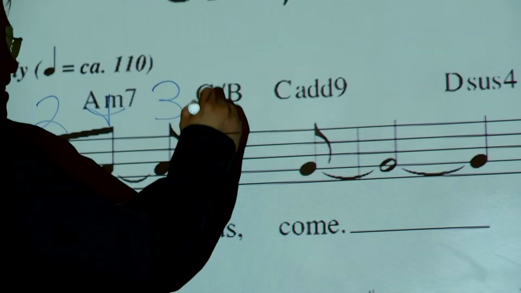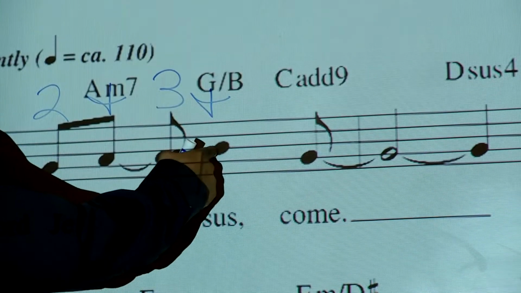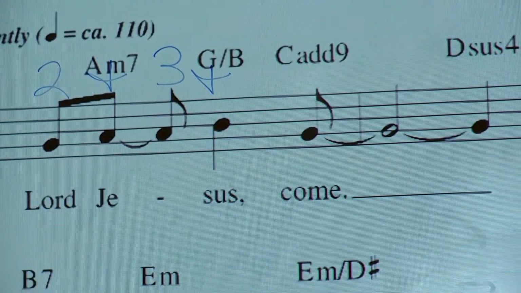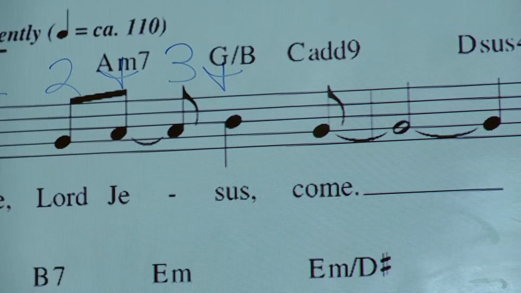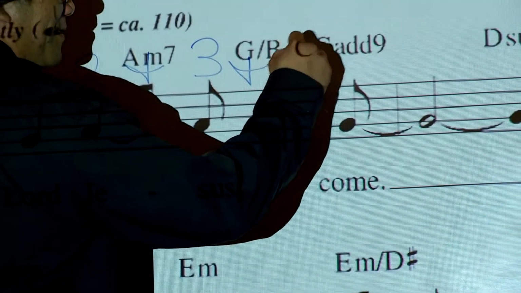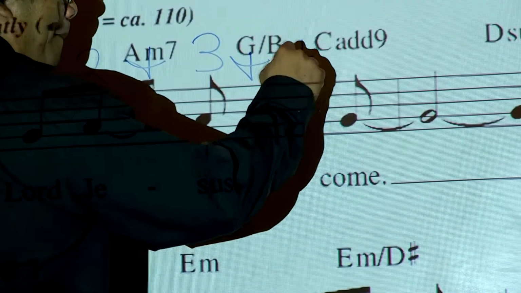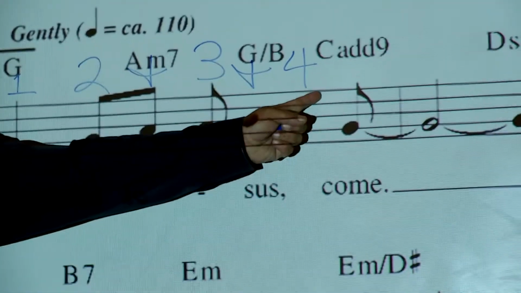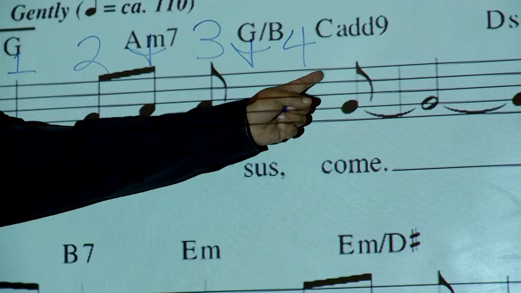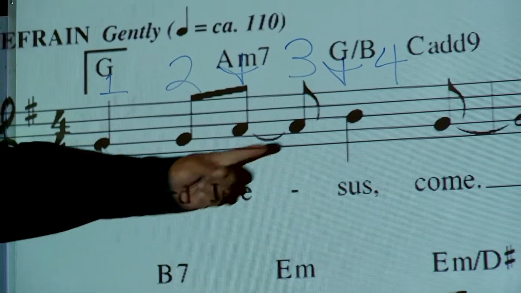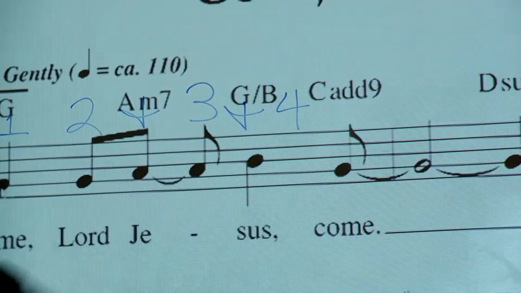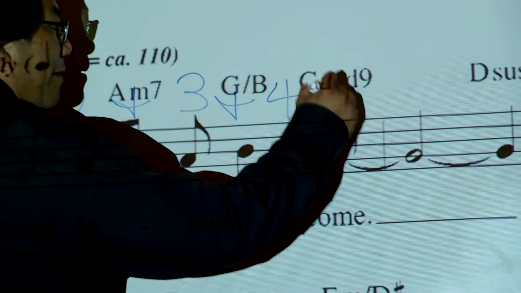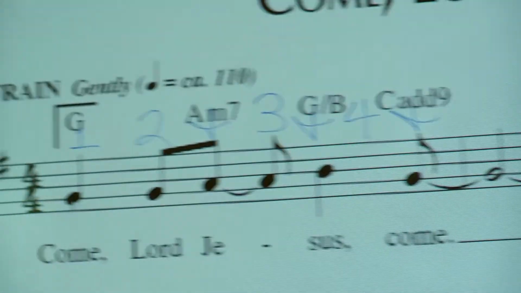It starts on the and of the 3. And it also takes up what? The 4. Because it starts on the and, it also hits 4. Okay? This one is what? The and of 4. Exactly.